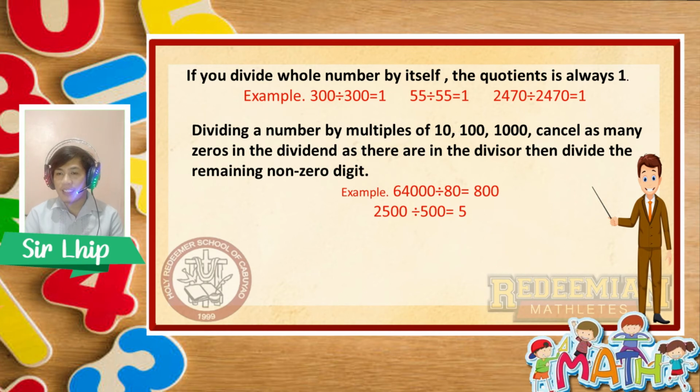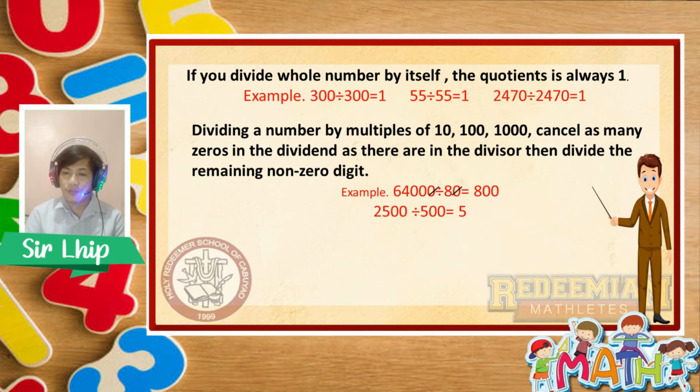So cancel 1 zero. Then divide the whole number. 64 divided by 8 is 8. Then there are 2 zeros. Copy 2 zeros. So the answer is 800.